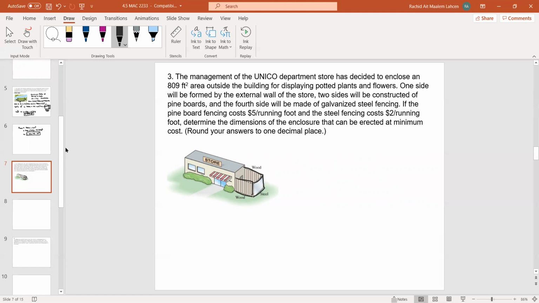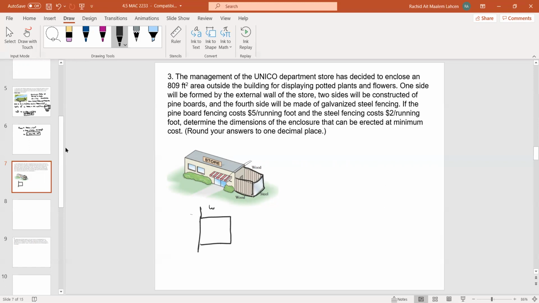If the pine board fencing costs $5 per running foot, and the steel fencing costs $2 per running foot, determine the dimensions of the enclosure. So the graph is okay. You can write on it, or you can switch it to say, okay, this side here is this one, and you have something like this.